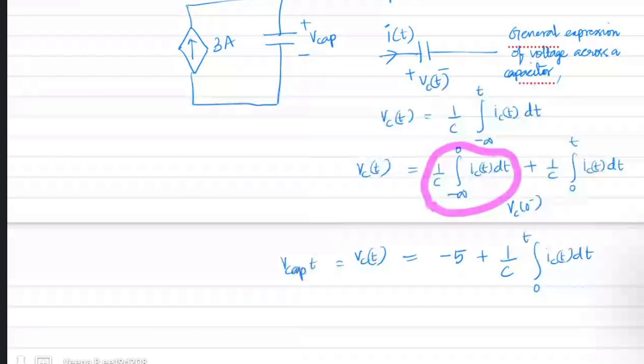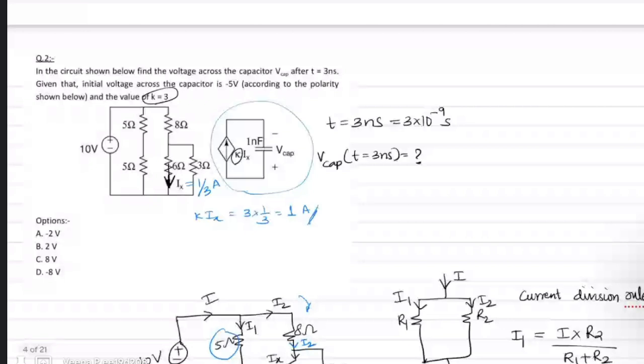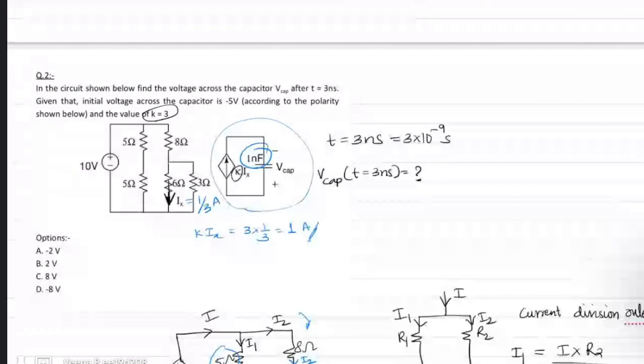Now, let us substitute the values. C, the capacitance value, is 1 nanofarad. So Vc of t becomes minus 5 plus 1 by 1 nanofarad integral 0 to t. Now Ic of t, what is Ic of t? Ic of t is the capacitor current, which you already know as 3 ampere.